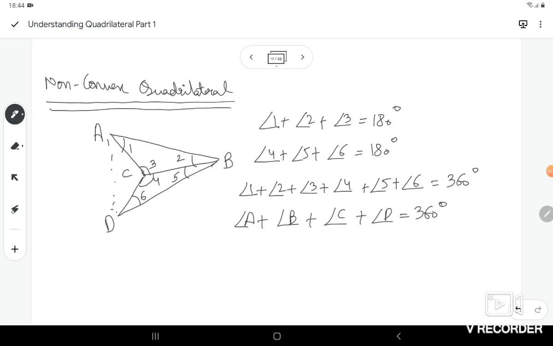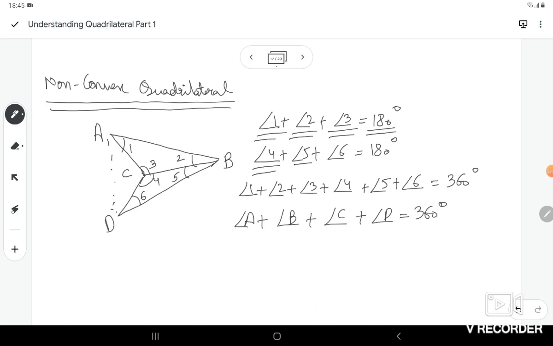Similarly, we are going to draw diagonal BC, which will divide the quadrilateral into two triangles, triangle ABC and triangle BCD, and we are going to solve it using the same properties as we have solved in the case of a convex quadrilateral. So here we can clearly see angle 1 plus angle 2 plus angle 3 comes out to be equal to 180 degree, angle sum property of a triangle.